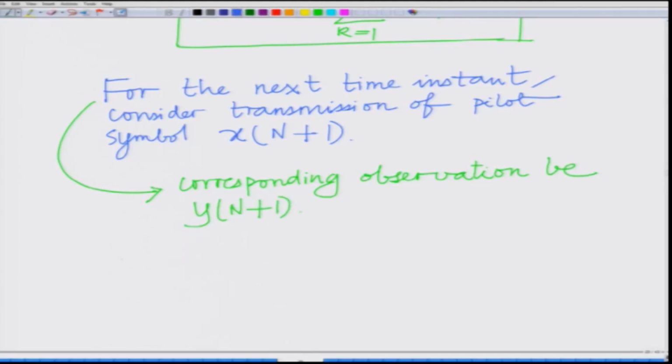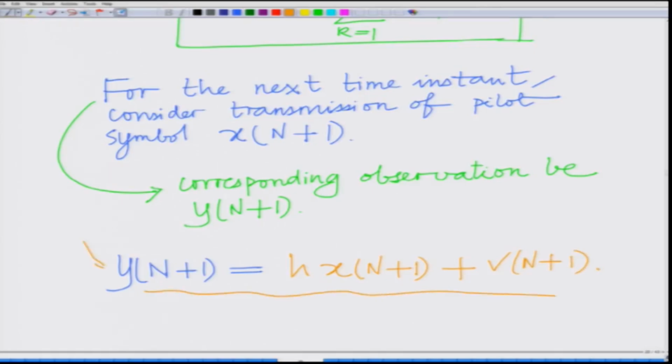Which basically implies that y of n plus 1 equals h times x of n plus 1 plus v of n plus 1. So, this is the model at time n plus 1, your model for the next time instant n plus 1.